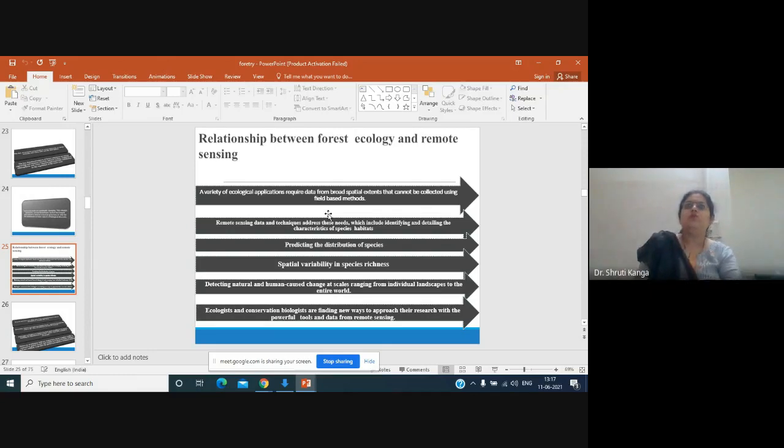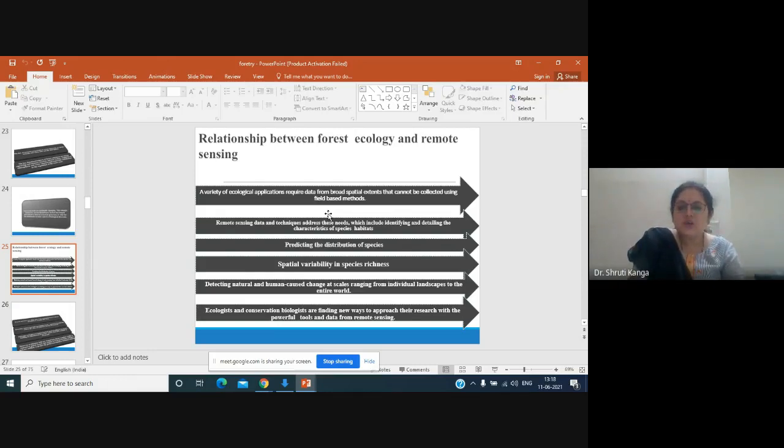Easily we can go for the classification of forest. We also need to go for the quantification, that is, the authenticity of our data for a large area, because generally these forest ecosystems are very big. We have the Himalayan forest ecosystem, we have coastal forest ecosystems, so they are quite big in size.